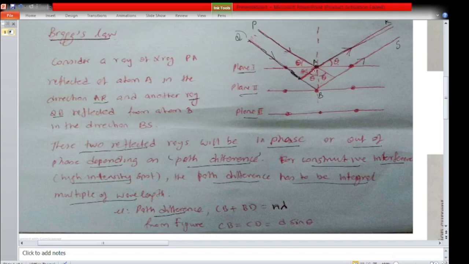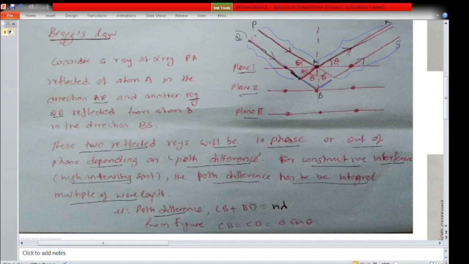Whatever remains is the path difference. I will use some other color here so that you can understand. Up to this part, both X-rays covered the same distance, and in this path also they covered the same distance, right? So there is no path difference. But when you consider these two sides, then there is a path difference.